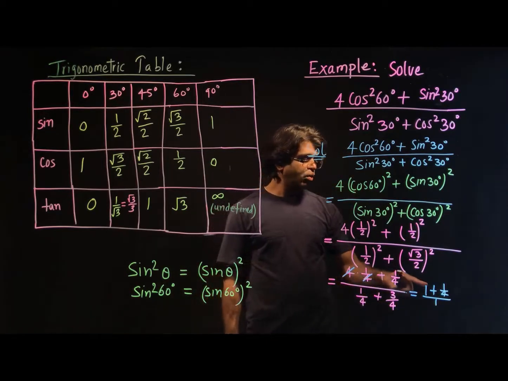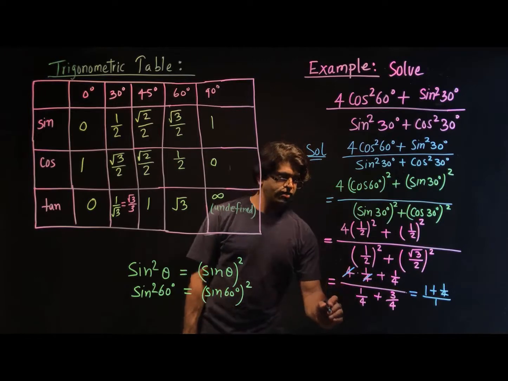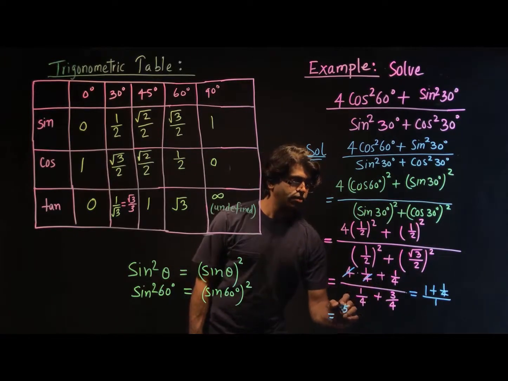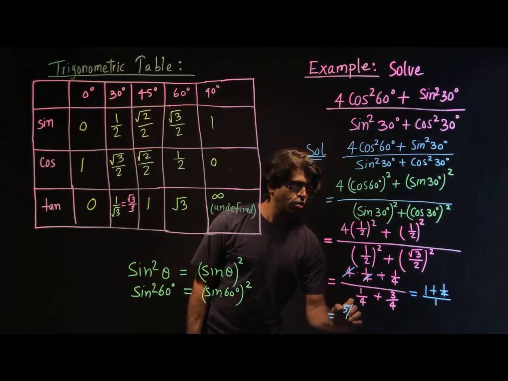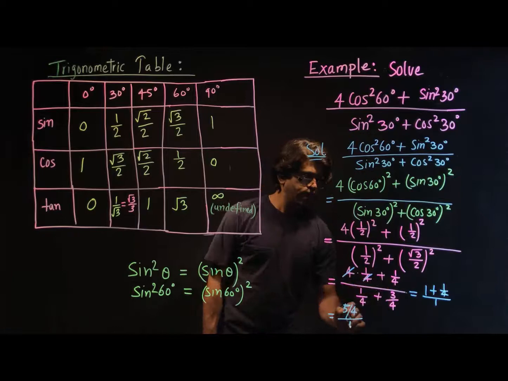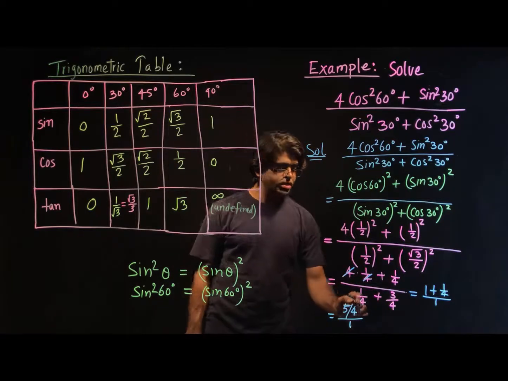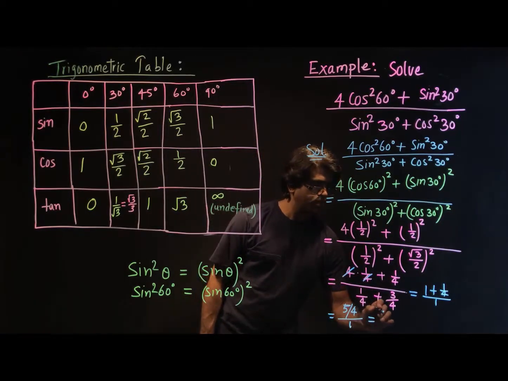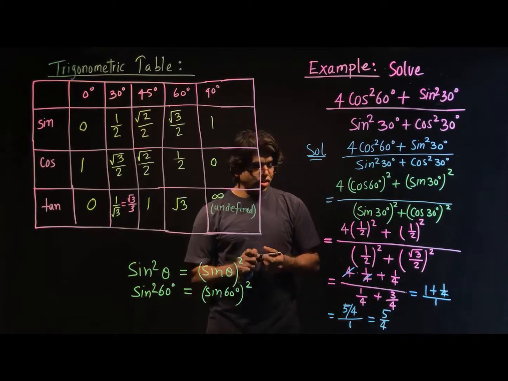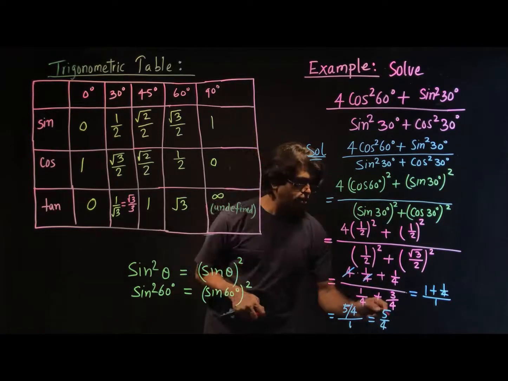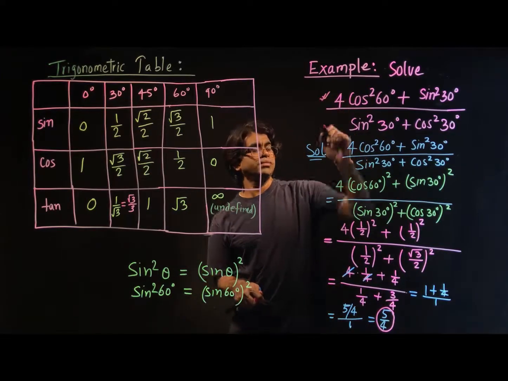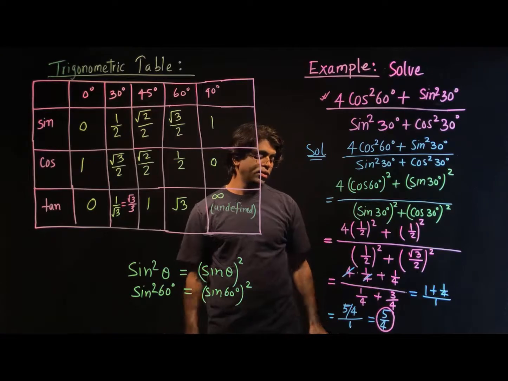So let's add 1 plus 1 over 4, which is 5 over 4, divided by 1. Anything divided by 1 is the number itself, so I have 5 over 4. So the value of this expression is 5 over 4.